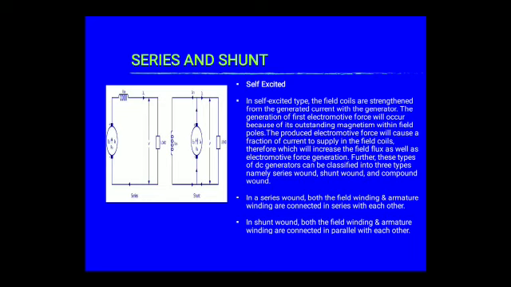One is ISH, which is supplied to the field circuit resistance, that is RSH, and IL, that is the load current, is supplied to the external load circuit. In case of a series generator, the field winding resistance is very small, and in case of a shunt generator, the field winding resistance is very high. So these are the series and shunt wound generators.